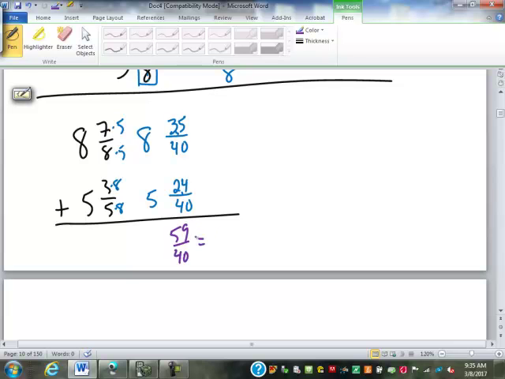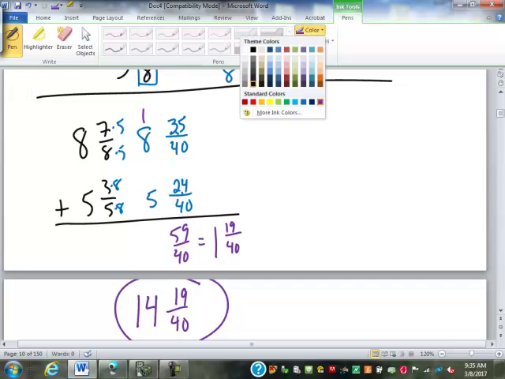That is more than 1. It's an improper fraction, so that's 1 and how much is left over? 19/40. So we're going to keep the 19/40 and carry the 1 whole number. 1 and 8 is 9 plus 5, 14. So 14 and 19/40.